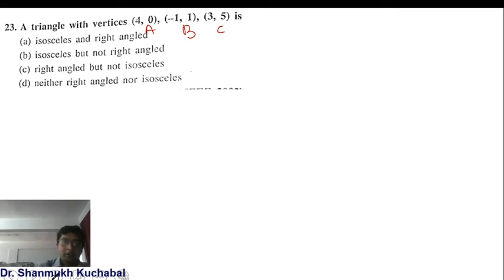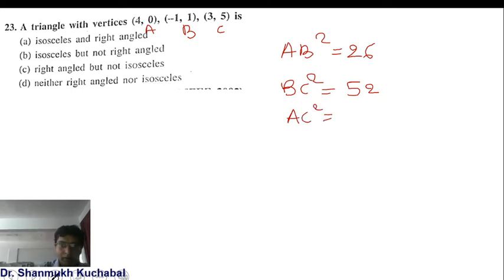The distance between A and B, AB squared, we observe is 26, and similarly the distance between B and C, using the formula, BC squared equals 52, and AC squared equals 26.